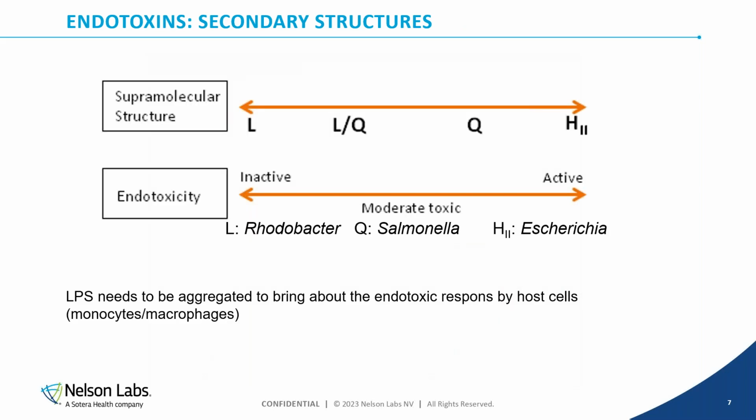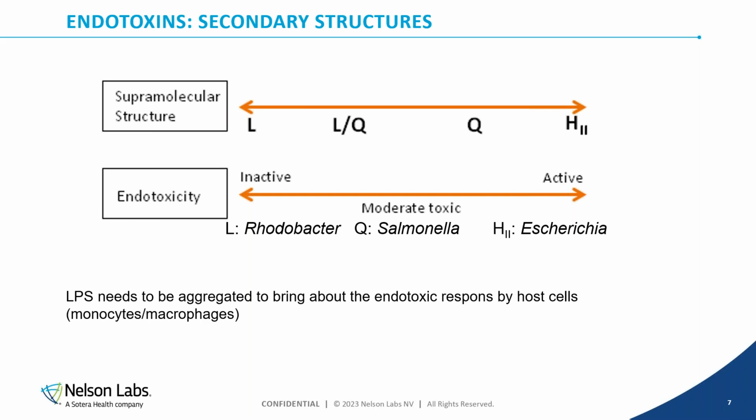Why this is so important, and we'll get back to this later, is because to be active, endotoxins need to be aggregated, and depending on how they are aggregated, it determines their activity.